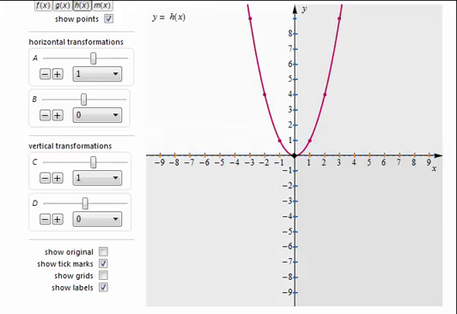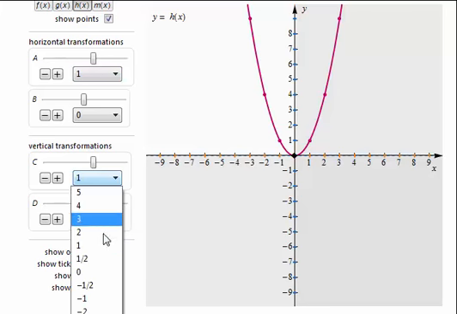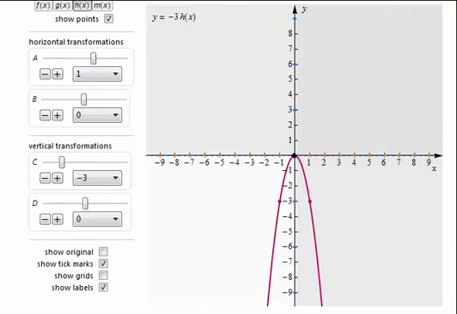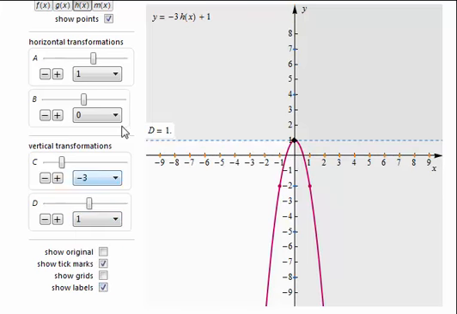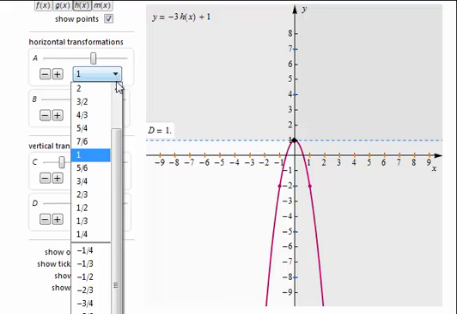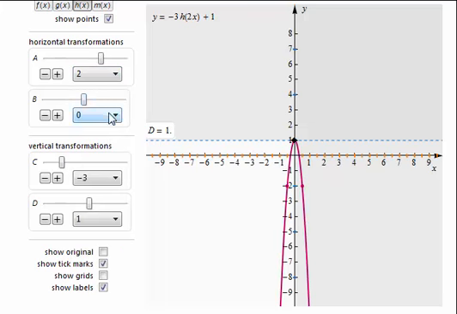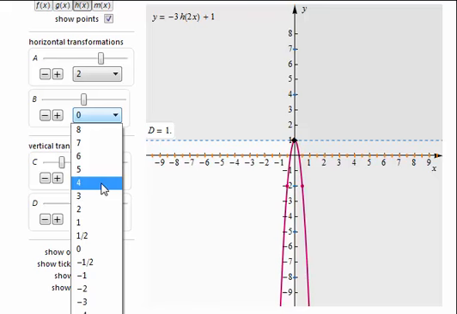And now we'll look at changes to all the parameters. So we'll change a, change b, change c, and change d. And from the document, if you happen to be looking at that, we had c equals -3, d equals 1, a equals 2, and b equals 4.